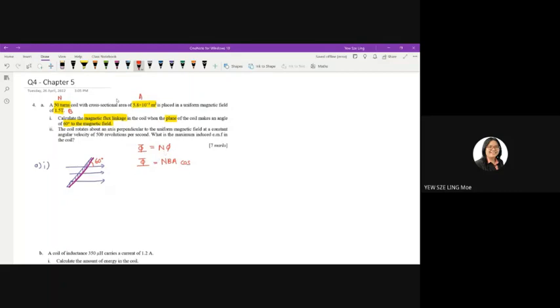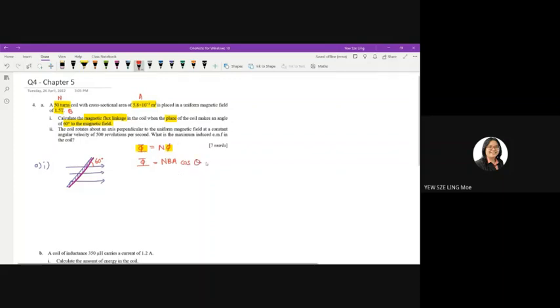So that is the difference between capital letter and small letter phi. Small letter phi is just the magnetic flux for 1 turn of coil. Magnetic flux linkage is the total flux. You have to multiply by the number of turns. Okay, so NBA cos theta. So in this case, you need theta.